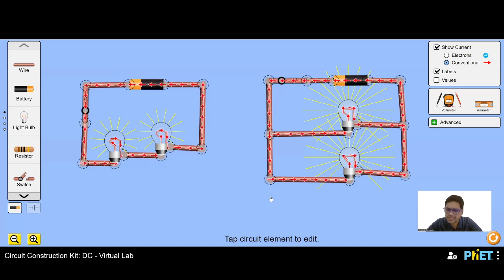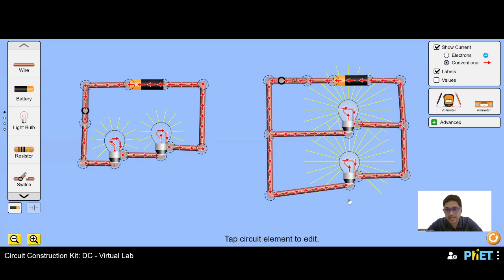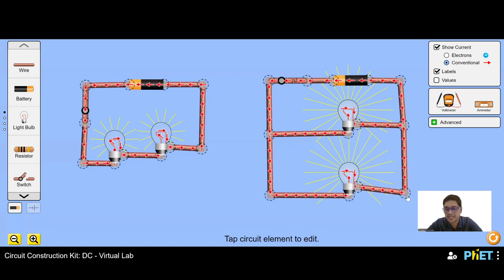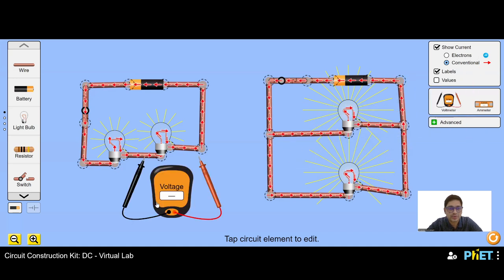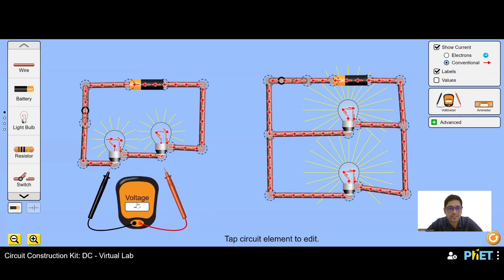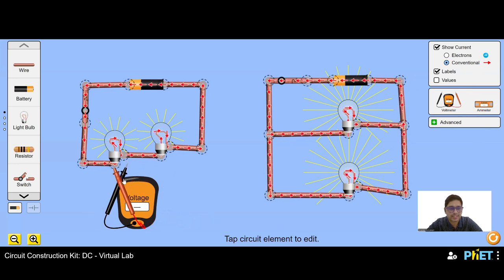No, I want to check it. Yes, you can always check it. How can I check the voltage? Easy. Go to a voltmeter there and try to check the voltage across. There you go. Okay, this is positive. That is negative. Okay.